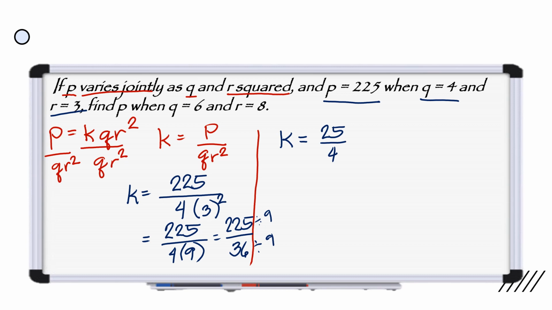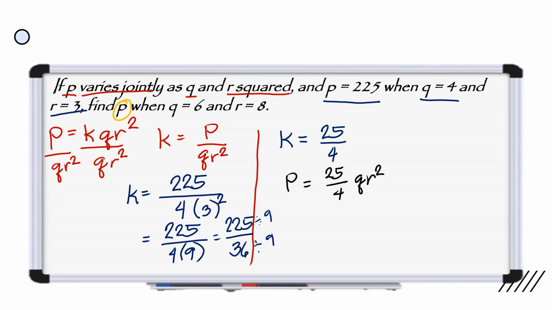Yan ang value ng ating constant. Ayun. Pwede natin kuhanin ulit yung equation. So, P is equal to, ang K na natin ay 25 over 4 QR squared. Then, we can now find, so in this case, we're going to look for the value of P.